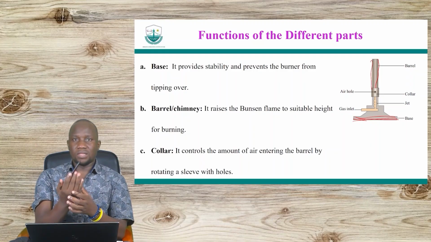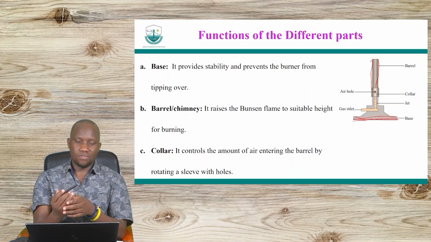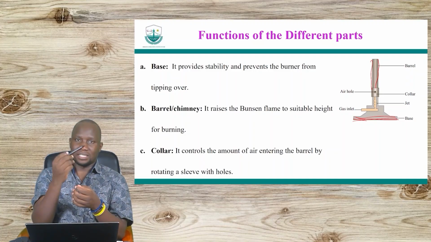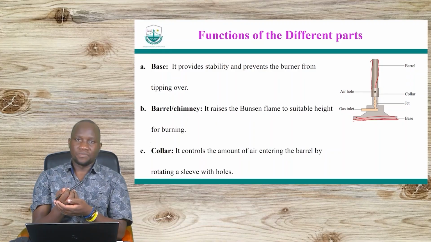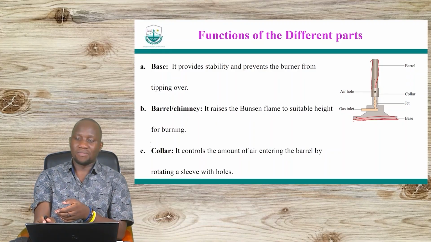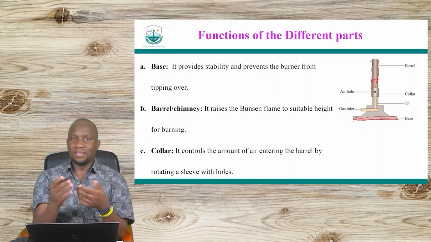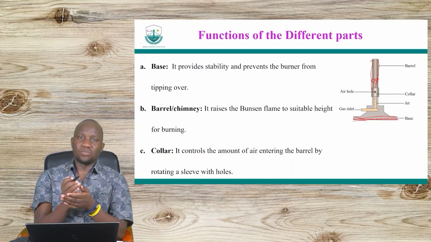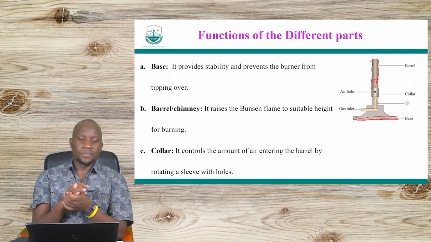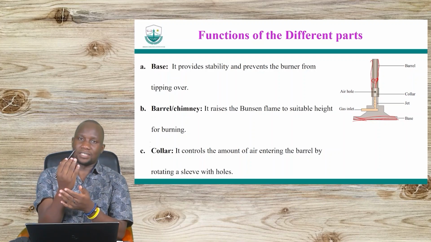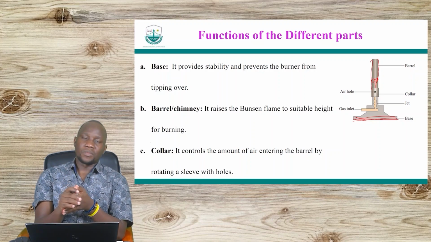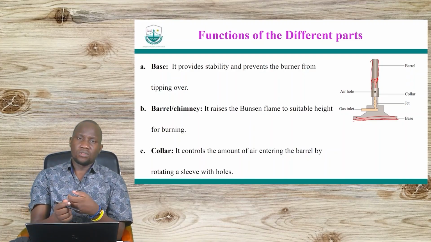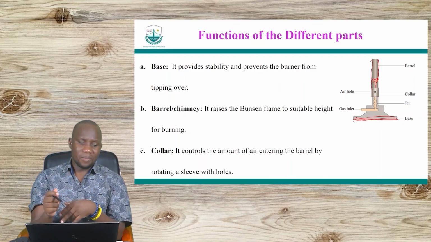It provides you with adequate height for a flame burning at an appropriate height. Just imagine if the flame were just around here. It wouldn't be comfortable or convenient for you to use. So it provides you with that suitable height for the burning to happen.